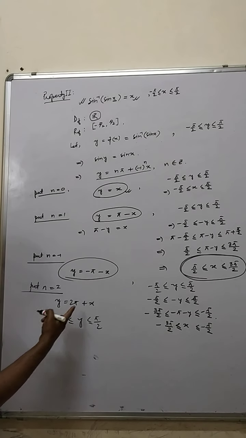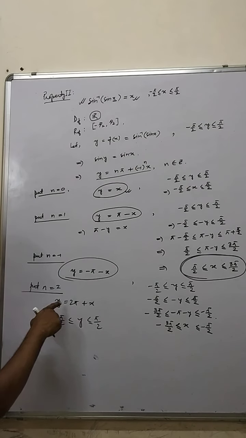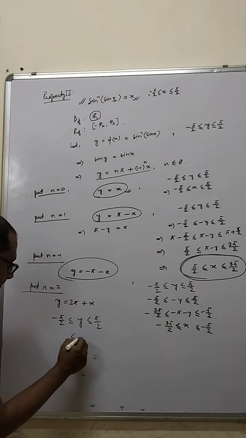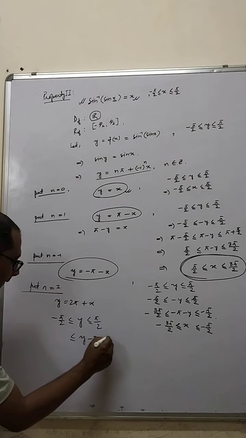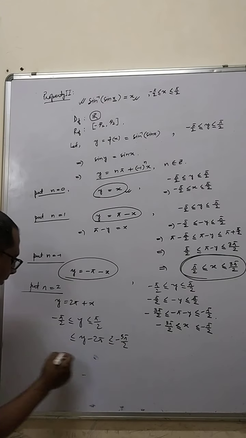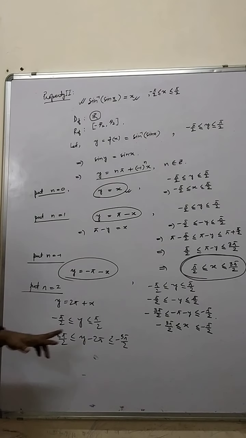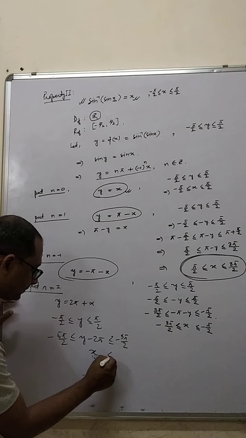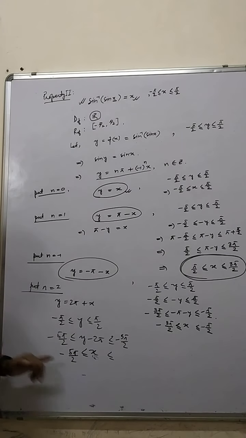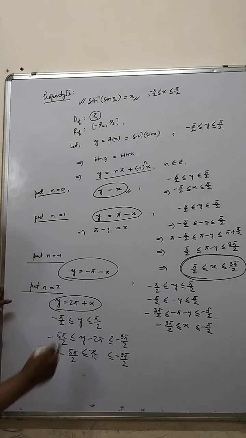And we need x, so x will be y minus 2 pi. So here minus 2 pi means minus 3 pi by 2, and here minus 2 pi means minus 5 pi by 2, and this one is nothing but x. So when x is lying between minus 5 pi by 2 to minus 3 pi by 2, y will be equal to 2 pi plus x.